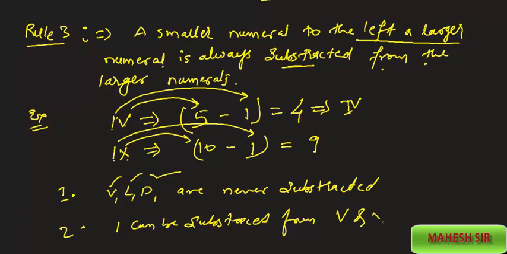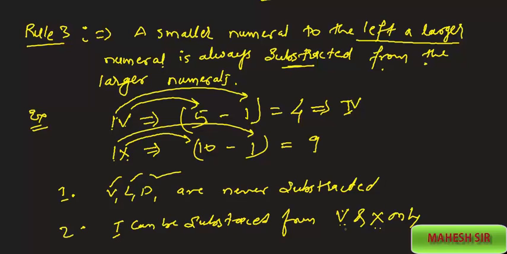This I can be subtracted from the symbol V and from the symbol X. This V stands for number 5, this X stands for number 10. So I can say this number 1 can be subtracted only from 5 and 10.